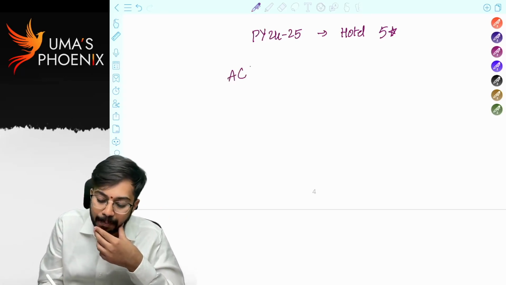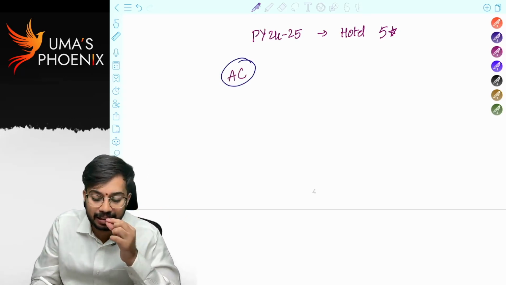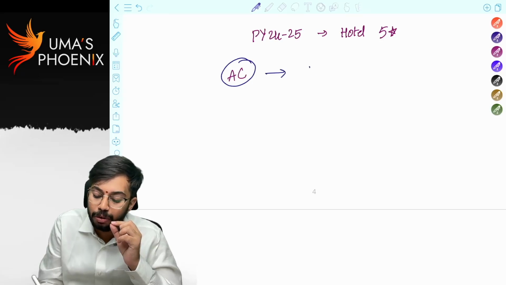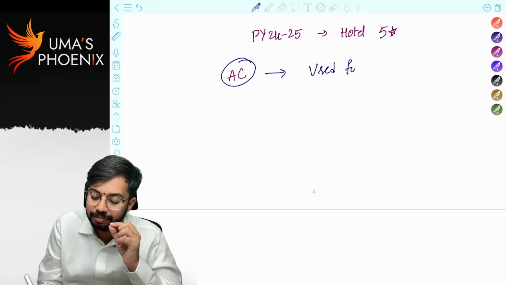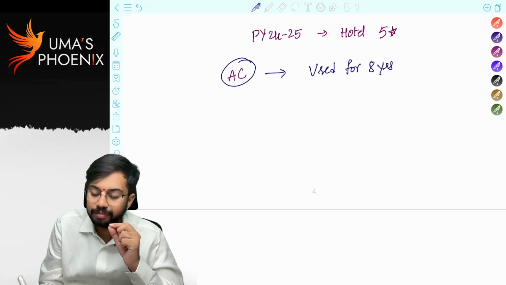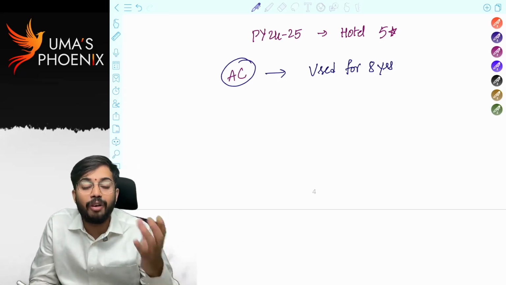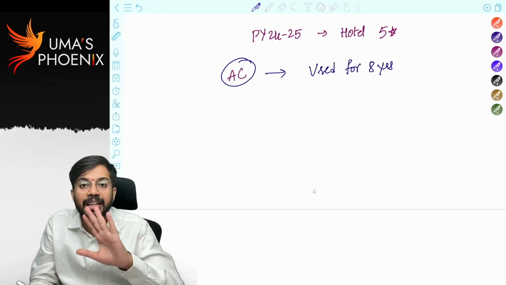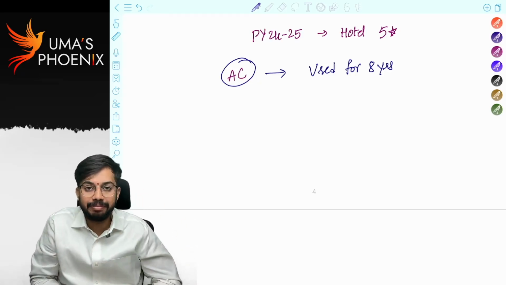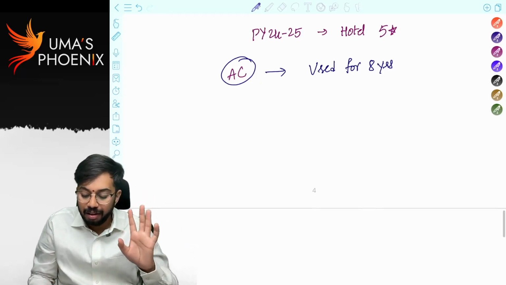Whatever the asset purchased in a specified business, that should be used for 8 years. Before 8 years, I sold this AC. Then whatever the sale amount received, that is taxable under the head PGBP. Is it clear? Very simple.